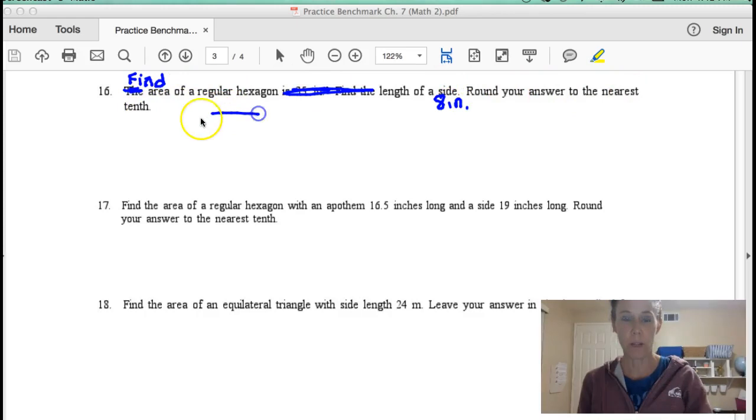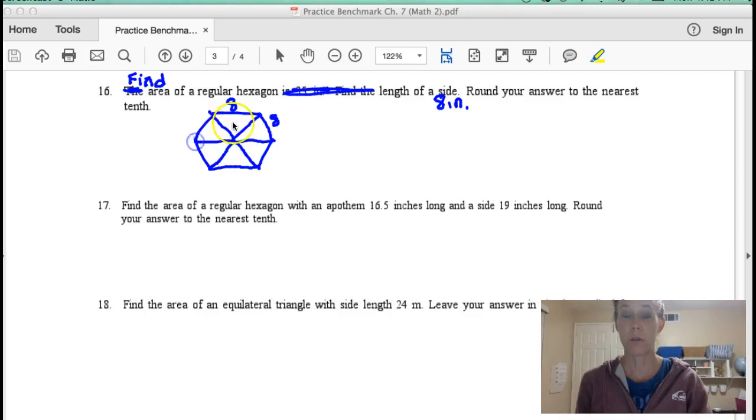So if we have a regular hexagon, and because I'm drawing it by hand, it's not going to be very regular, but a hexagon has 6 sides. And if it's regular, all the sides are going to be equal length, and they're going to be 8 inches. So every side's going to be 8 inches, and so on and so forth. Because it's regular, we can divide this into 6 isosceles triangles.